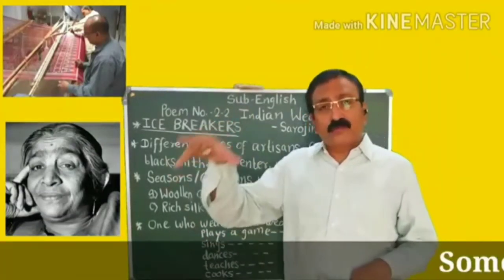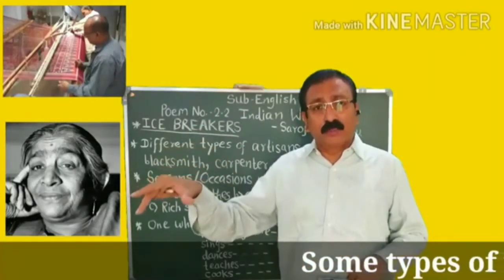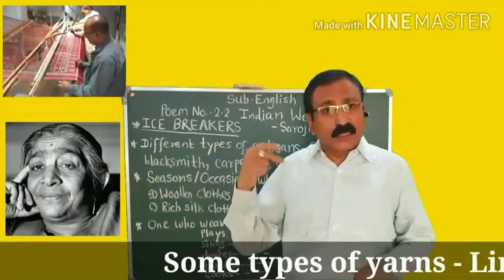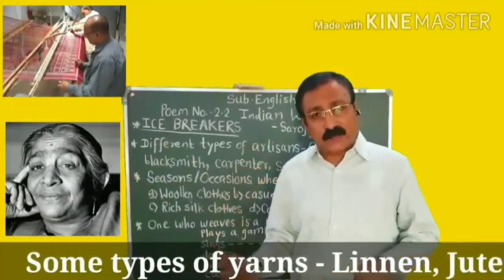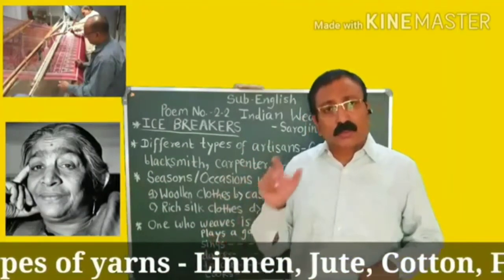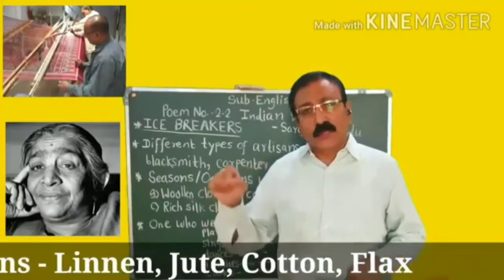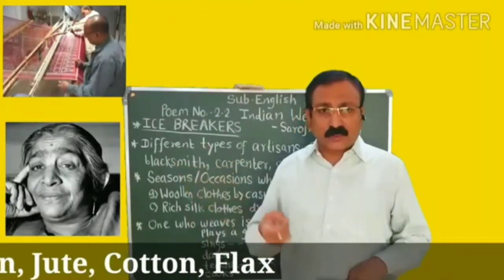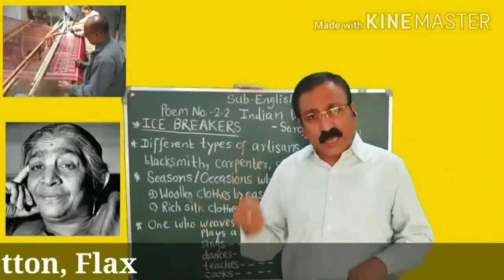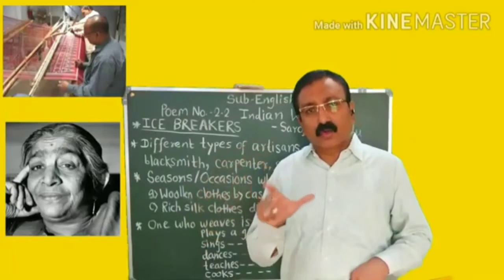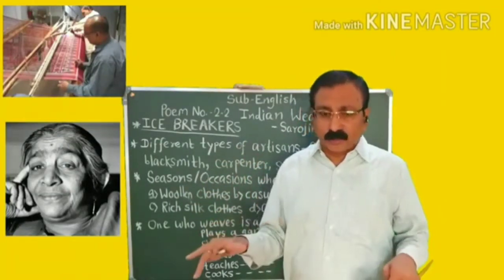So we have different kinds of fabrics available in the garment shop like linen, flax, jute, cotton. So you can write down the answers like this: linen, flax, jute or cotton.